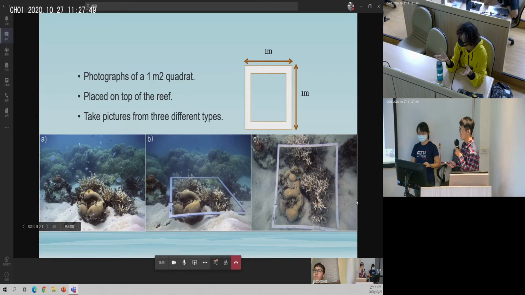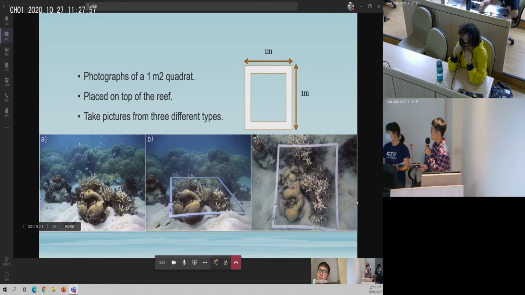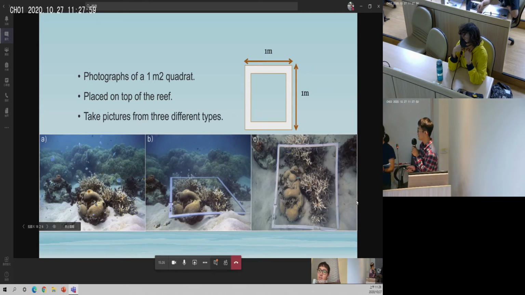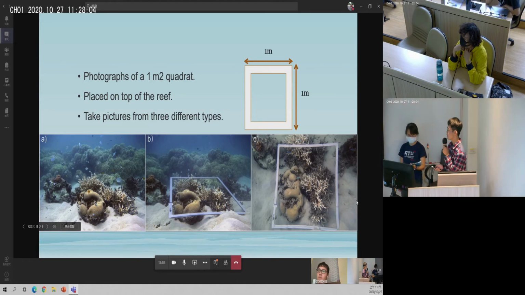What can it do? It can quantify this area, and we limit this area, so we have a small scale for this area.